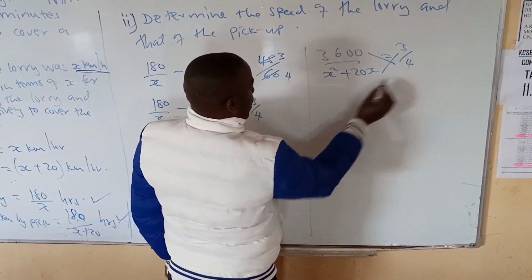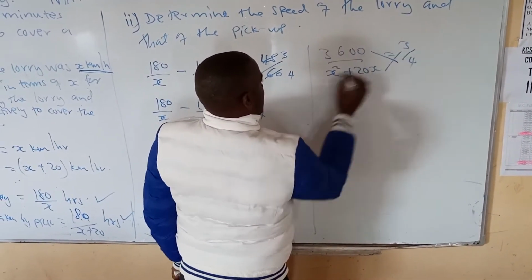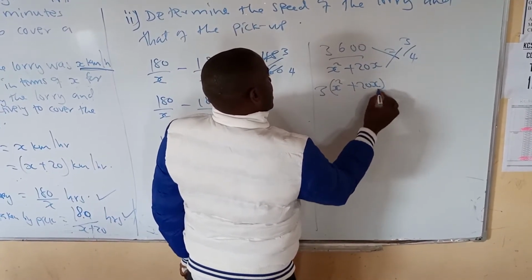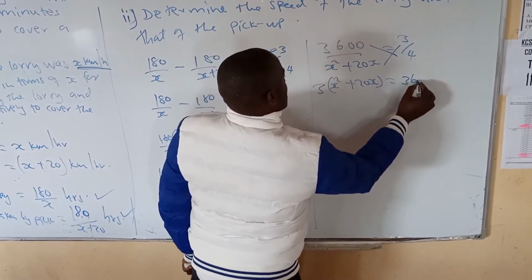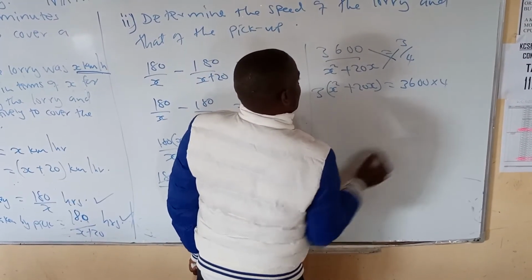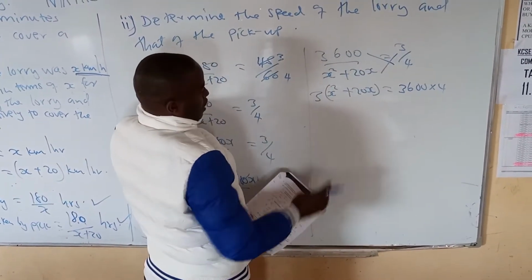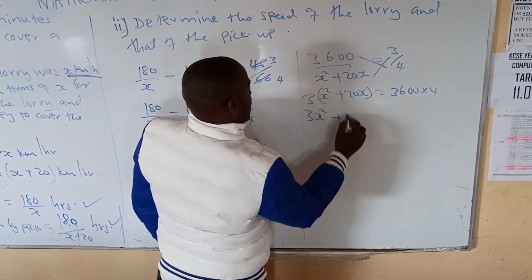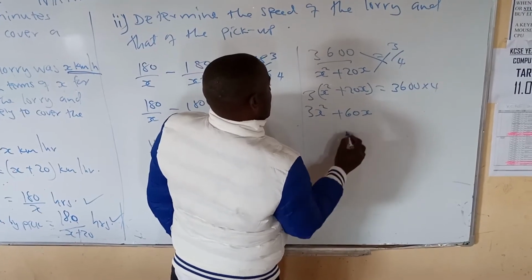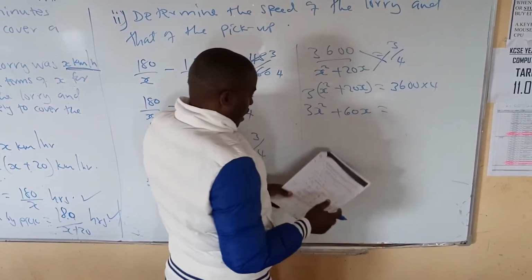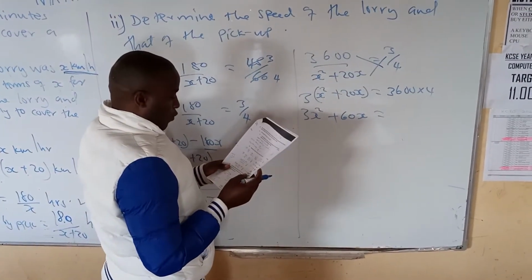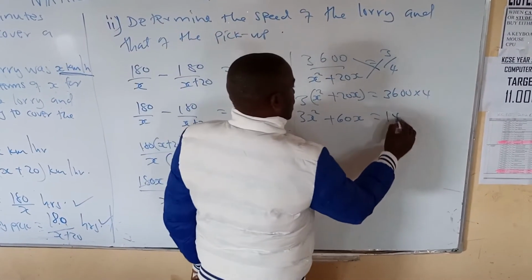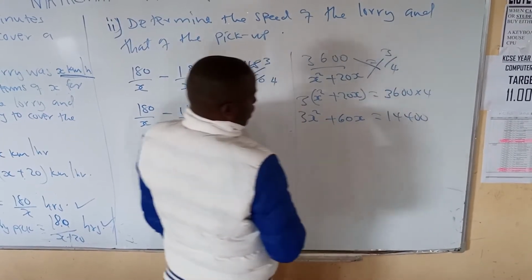If we cross multiply, we shall have 3 into x squared plus 20x equals 3600 times 4. So this becomes 3x squared plus 60x equals 3600 multiplied by 4, which gives you 14,400.